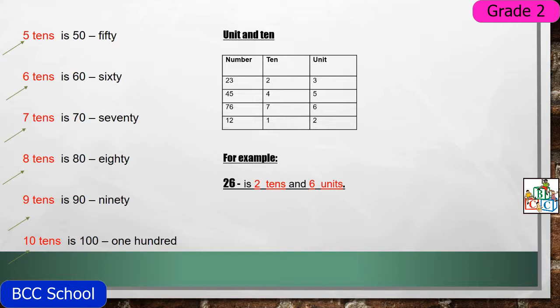This is a quick revision because we have already done all of this. So 23, 2 is 10 and 3 is unit. 45, 4 is 10 and 5 is the unit. 76, 7 is the 10 and 6 is the unit. And for 12, 1 is the 10 and 2 is unit.